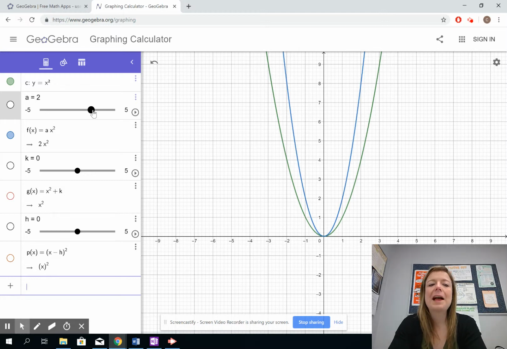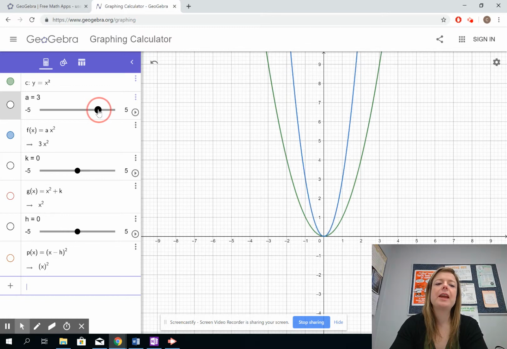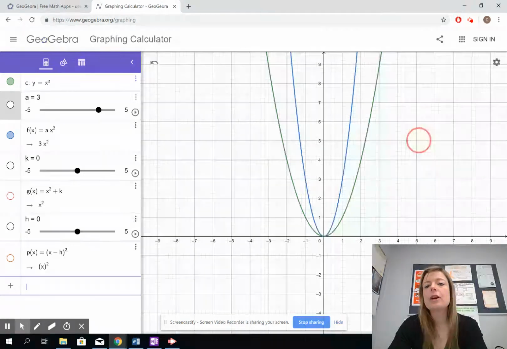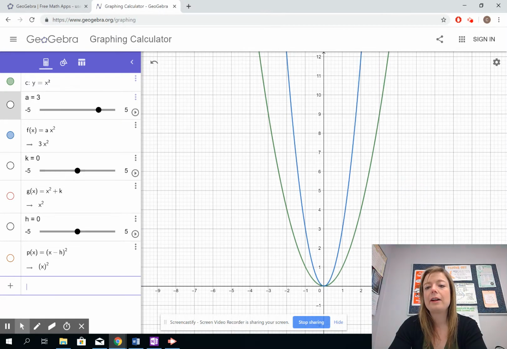So think about what will happen if I make a equal to 3. The blue parabola gets even narrower because it gets stretched even further. Every y value is now multiplied by 3. So again, instead of 1, 1, you get 1, 3. Instead of 2, 4, you get 2, 12.